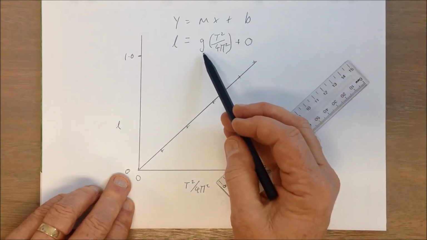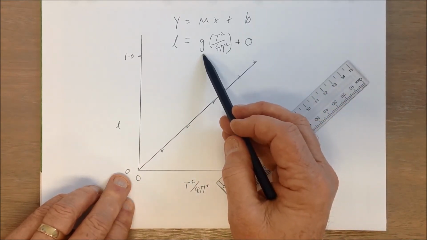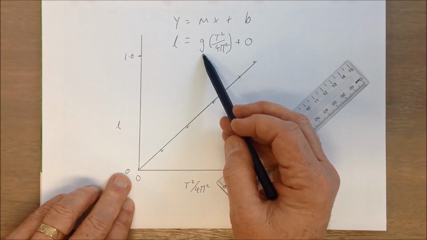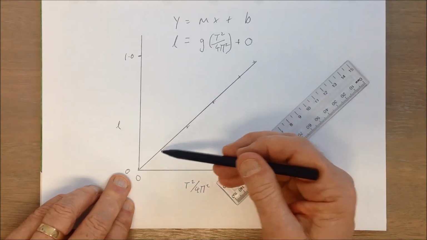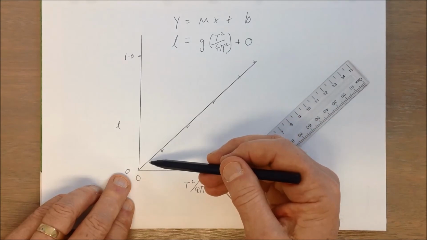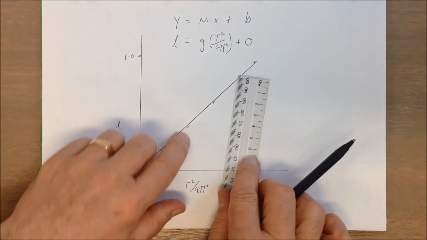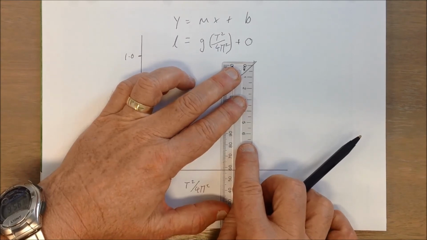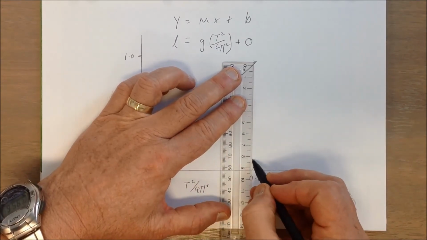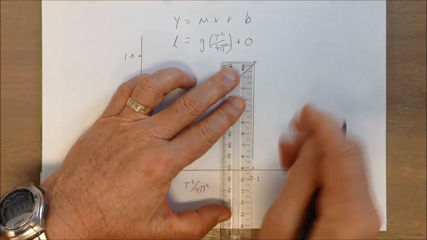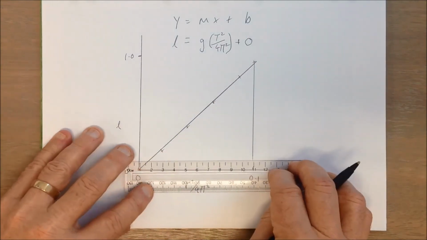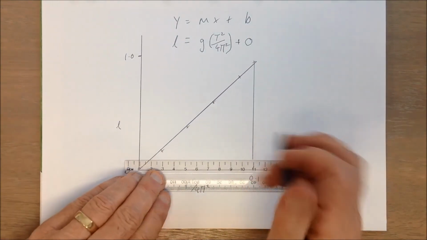To determine the value of g, you need to measure the slope of this graph. Now, you don't just choose 2 arbitrary data points, you need to measure the slope of the line of best fit itself. And the slope of the line is basically the rise up the y over the horizontal run.